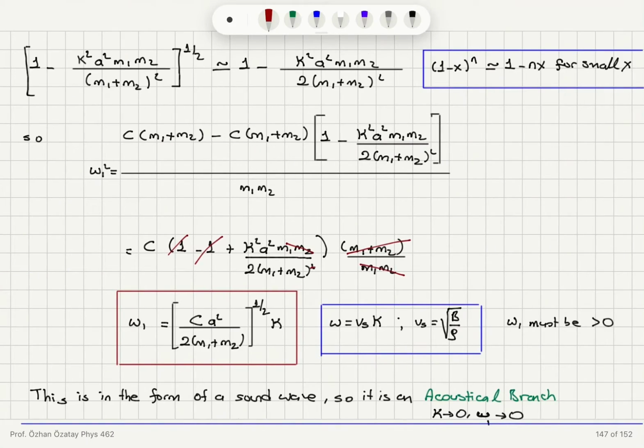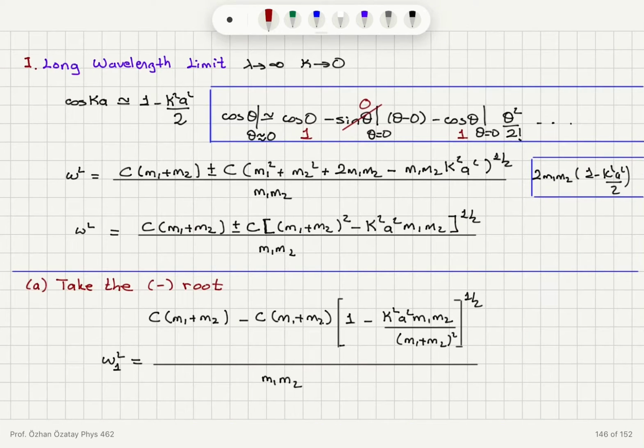For the square root of 1 minus k square a square m1 m2 divided by (m1 plus m2) square, I noticed that since k is going to 0, this is 1 minus x to the n, which is approximately 1 minus nx for small x. And x here is k square a square m1 m2 over (m1 plus m2) square. So the square root basically gives me 1 minus 1/2 k square a square m1 m2 divided by (m1 plus m2) square.